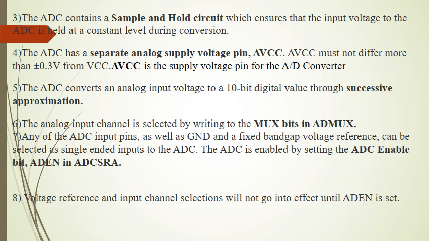None of the pins will operate unless the ADEN bit in the ADC control and status register is set, that is made 1. So in short, the ADEN bit is used to enable the analog to digital converter.